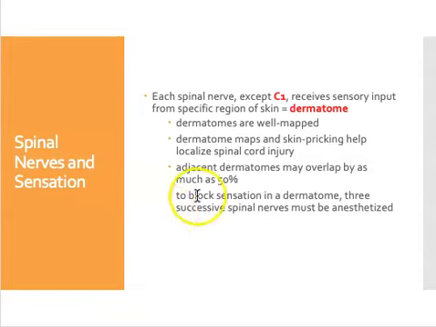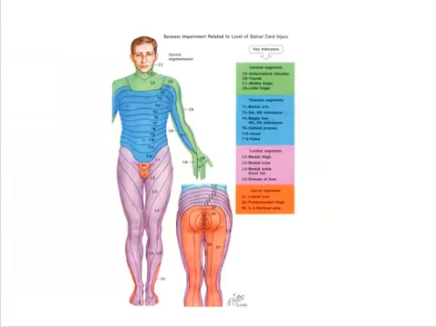But if you want to block sensation in a dermatome, you can't just anesthetize one spinal nerve. You can't anesthetize just the nerve that feeds that dermatome. You also have to anesthetize the 2 nerves on either side because of this overlapping phenomenon. Just a little piece of information for you regarding the practical uses of dermatomes.